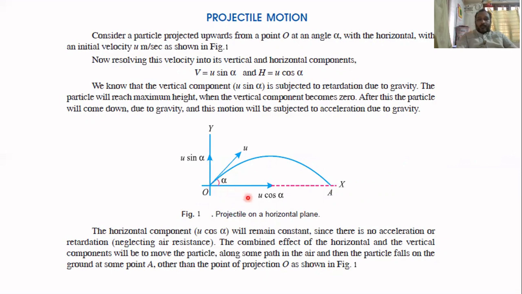This is the component of velocity in the x direction, that is, the velocity along or parallel to the ground, u cos alpha, and this is the vertical component of velocity, u sin alpha. O is known as the point of projection, and u is known as the velocity of projection.